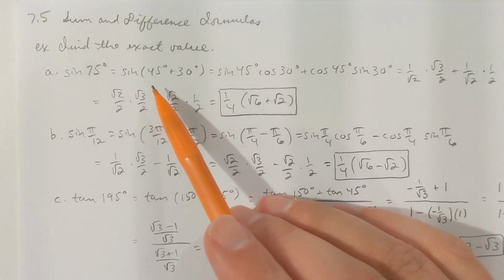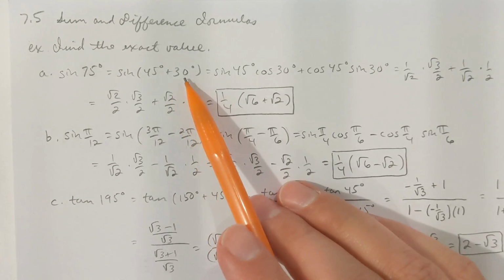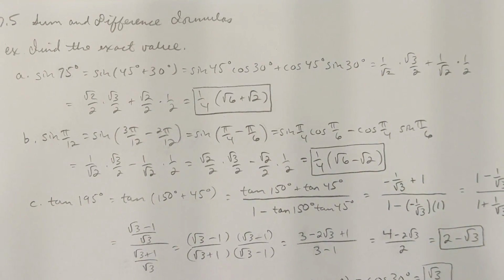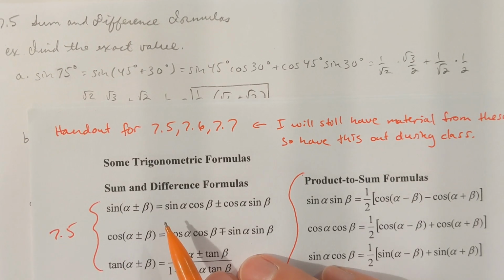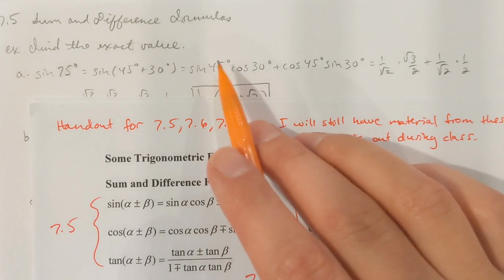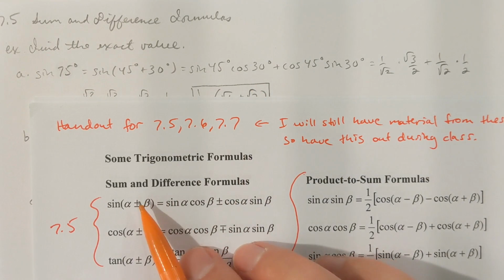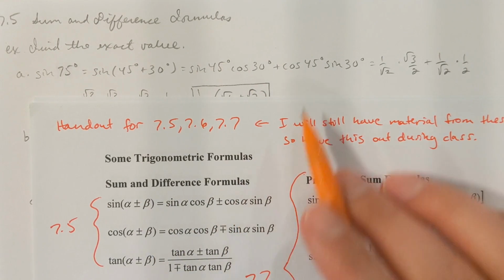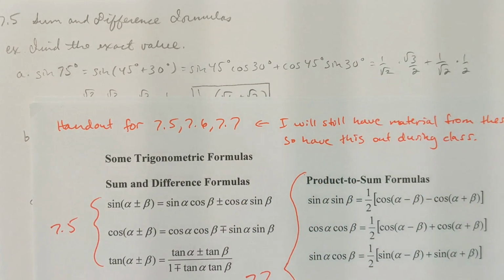And so, okay, well, sine of 75 degrees, that's the same as sine of 45 degrees plus 30 degrees. Alpha is 45 degrees, beta is 30 degrees, and using this formula here, of course I'm adding, so it's going to be sine of 45 degrees times cosine of 30 degrees plus, since I've got a plus there, cosine of 45 degrees times sine of 30 degrees.